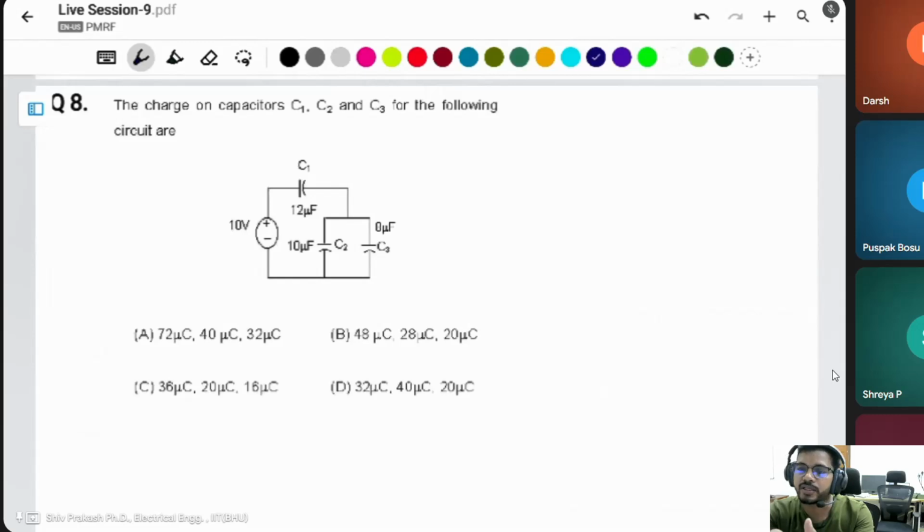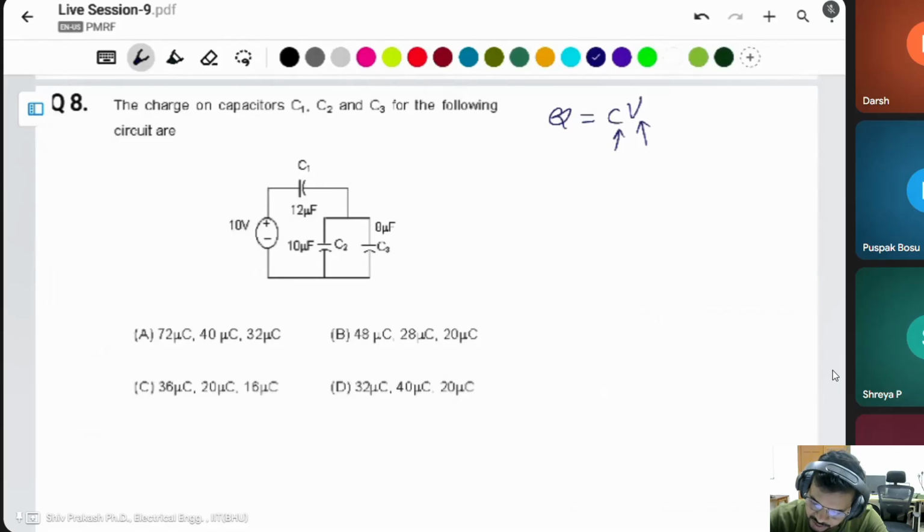Then you can say the actual charge of that capacitor, because the capacitor charge Q is equal to CV, capacitance and voltage. Then you have to find the voltage across every capacitor.